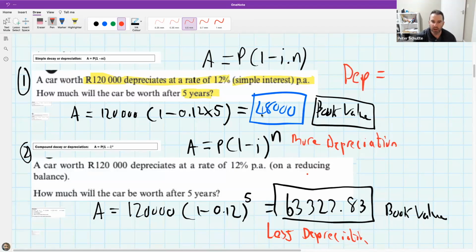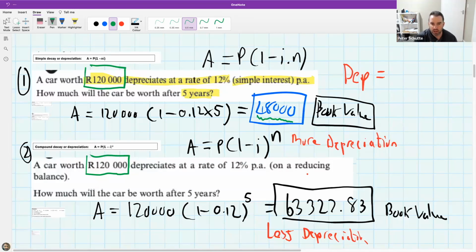So what I was saying was, in this question, in both methods, we start out with 120,000 as the value of the car. Now, if we use simple depreciation, the car ends up being worth 48,000, which is the book value. That's how much it's worth.